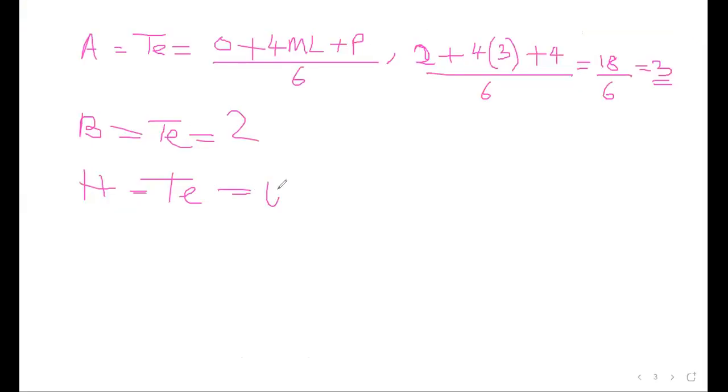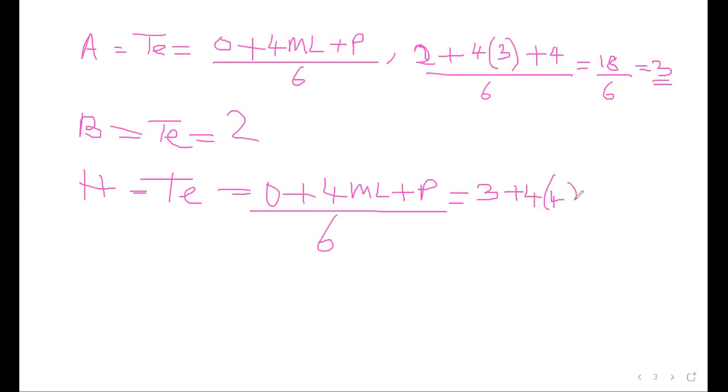So optimistic plus 4 is constant on the most likely, then plus the pessimistic, then over 6. So the optimistic is 3, plus 4 on most likely, which is 4, then plus the pessimistic, which is 6, then over 6.